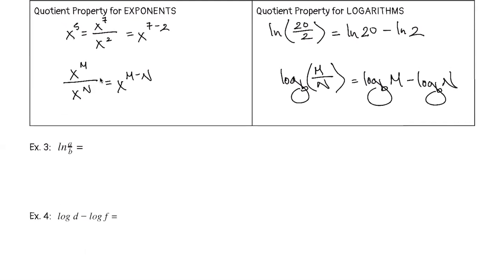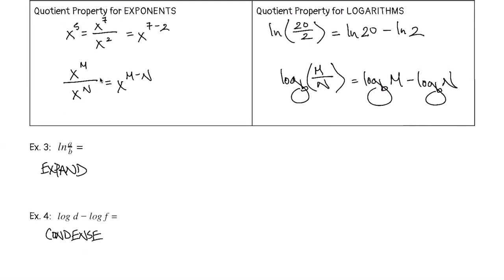So 2 quick examples here. Directions for example 3 would probably be expand, because I've only got one log. Whereas the directions for 4 would probably be condense because I've got more than one log, right?